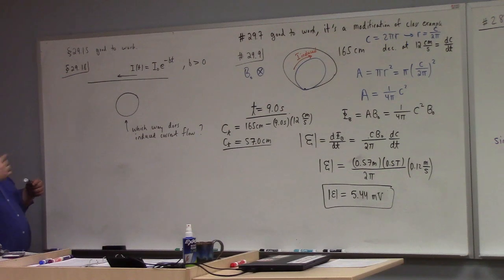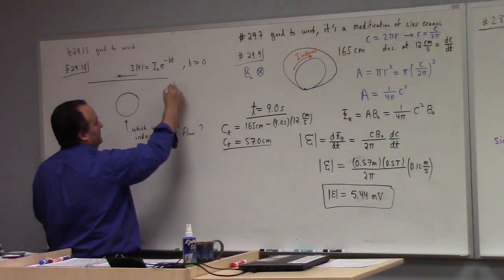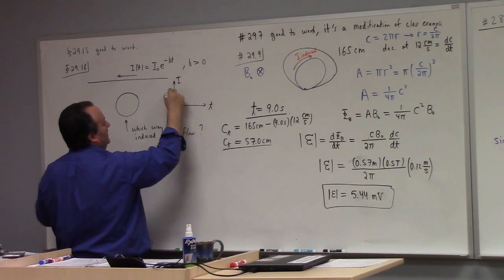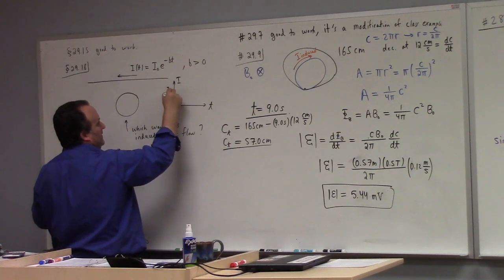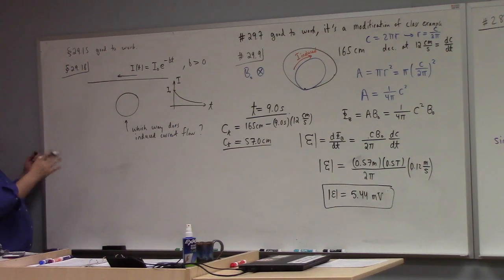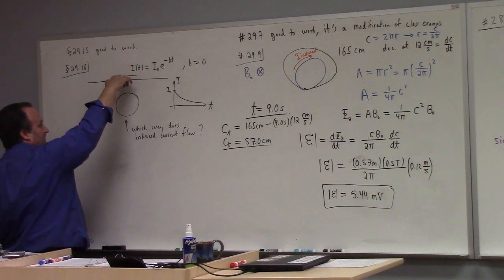As time increases, what happens to this? If we graph current versus time, our maximum is at time 0, and then it exponentially decays, right? So the current's decreasing.